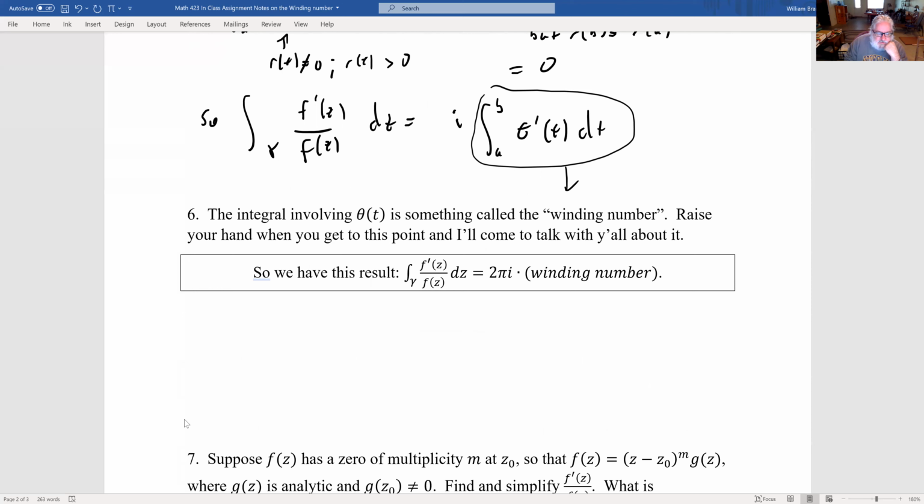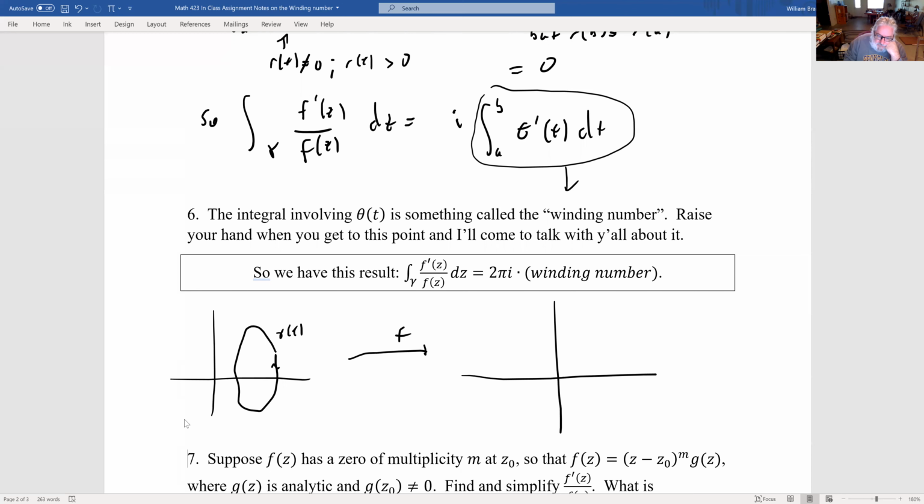So what we have here is a path in the plane, gamma of t, and then we have a function f. The function f takes our path gamma of t to another path that wanders around.